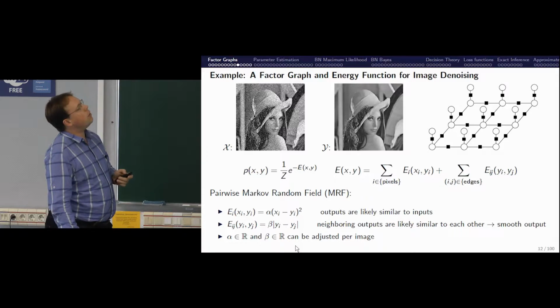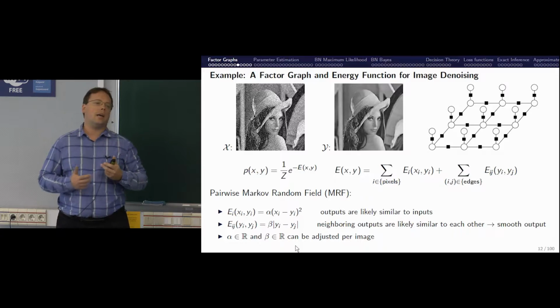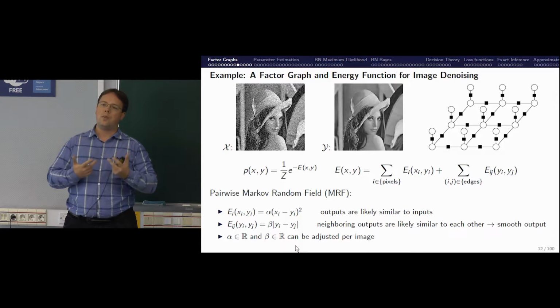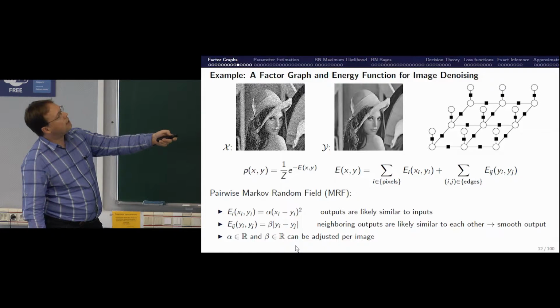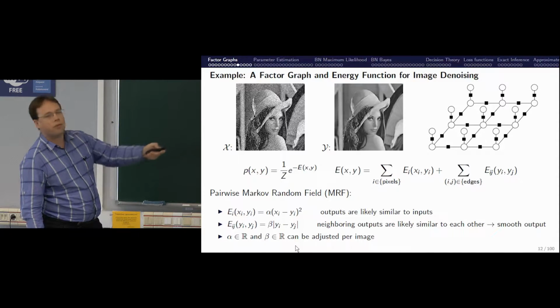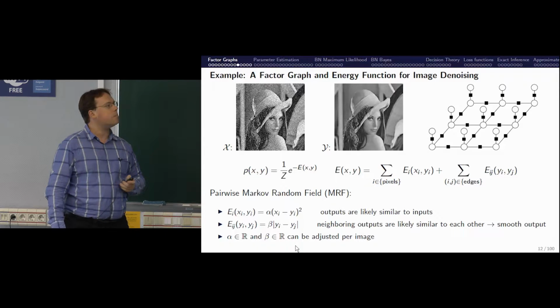So the typical way you would set this up, you would think about, well, I have to do something to each pixel, and I have to do something maybe between neighboring pixels. So what you could come up with is a factor graph like this. You have a grid. Of course, it has to be more than 3. It's a grid as big as you have pixels.